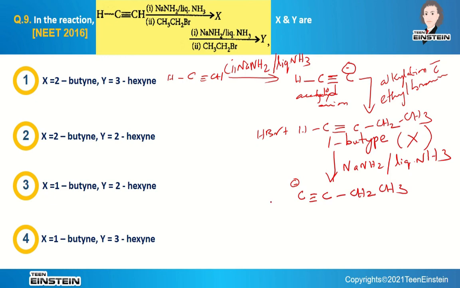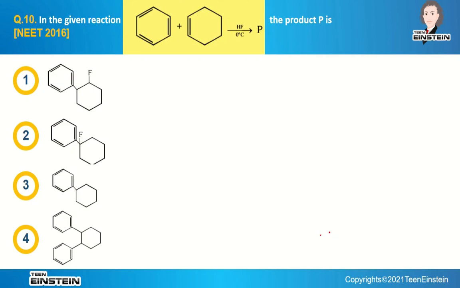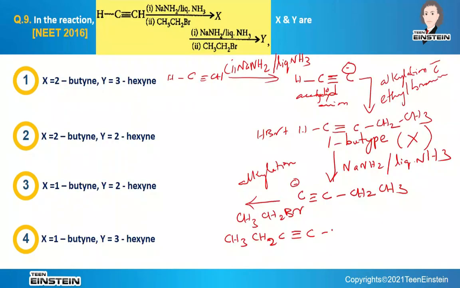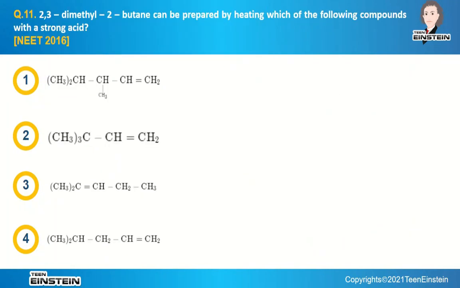Again it undergoes alkylation with CH3CH2 bromide, which yields CH3CH2C triple bond CCH2CH3 plus hydrogen bromide.